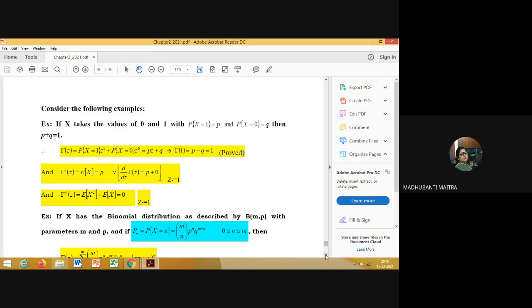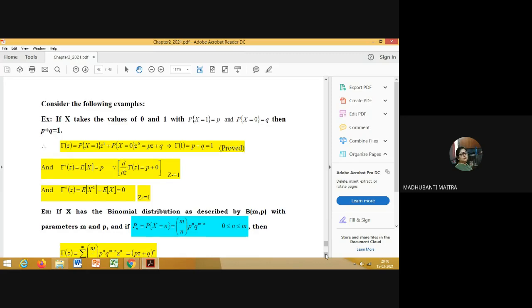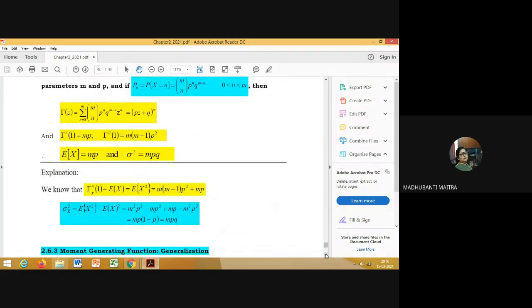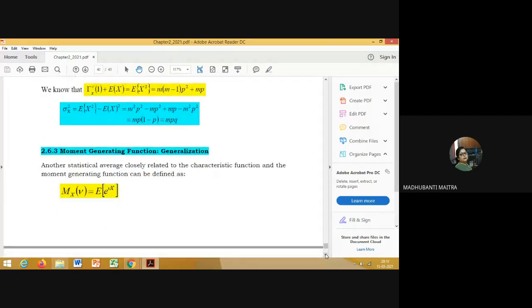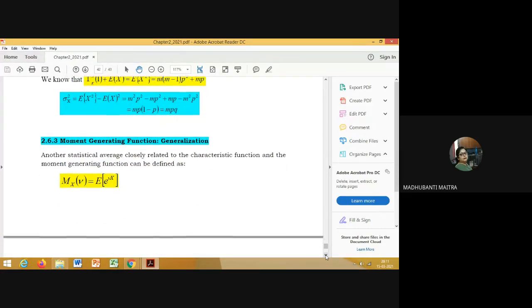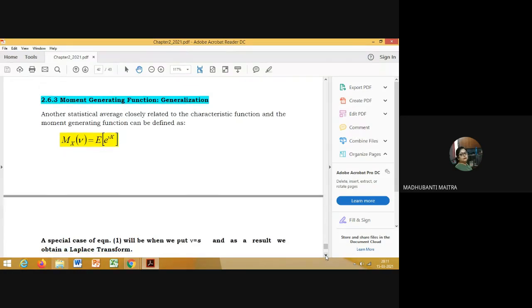Mean value you should calculate, and in the next class you should tell me the results. It's a very simple problem.